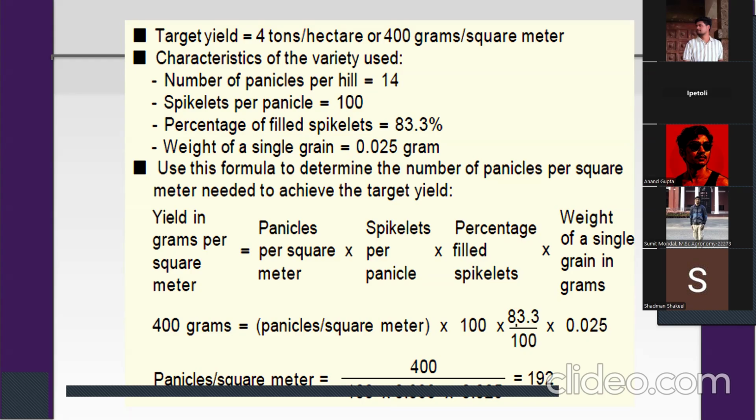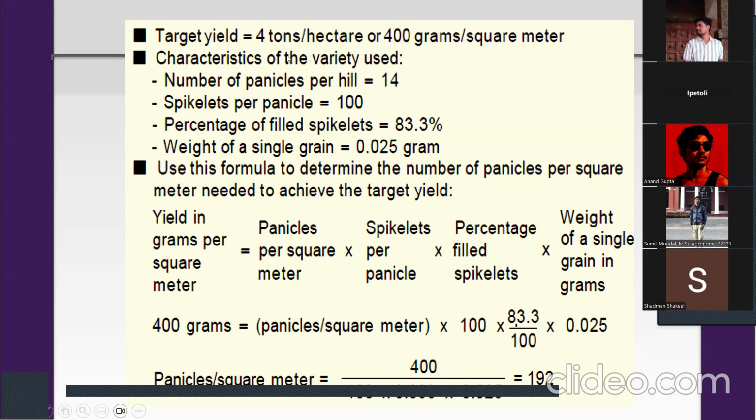If it is kilogram per square meter, then it is equal to tons per hectare. So here target yield is 4 tons per hectare, and we can convert it into per square meter. So 4 ton per hectare comes out to be 400 gram per square meter.